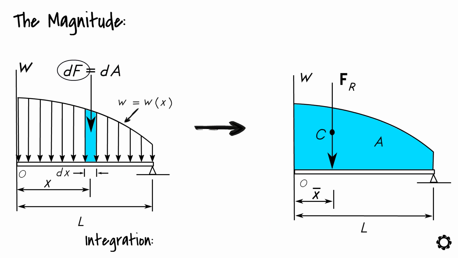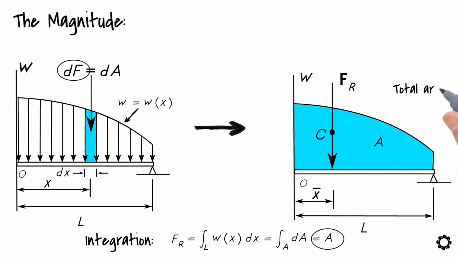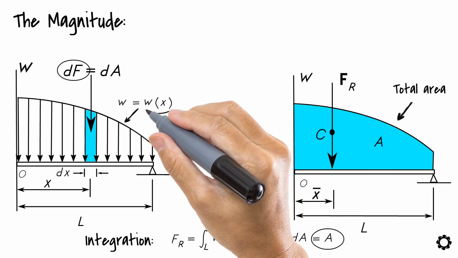The equation from which you can determine the resultant force can be written as follows. F_R equals integral over L of w(x) dx, which equals integral over A of dA, which equals A, where A is the total area under the load function w(x).